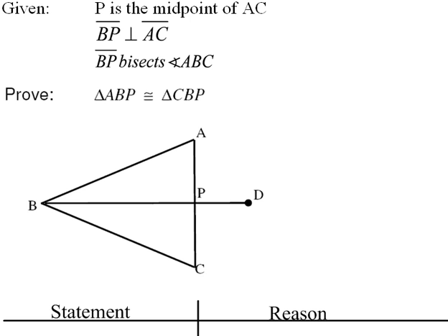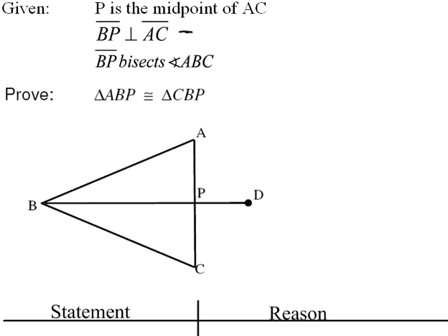Okay, given P is the midpoint of AC, BP is perpendicular to AC, and BP bisects angle ABC. So there's a couple of ways that we could go about this proof. I'm going to start with this one here.